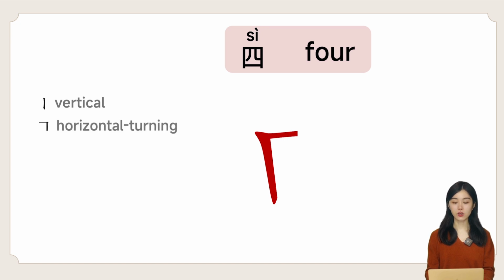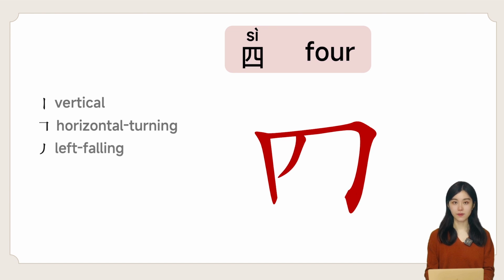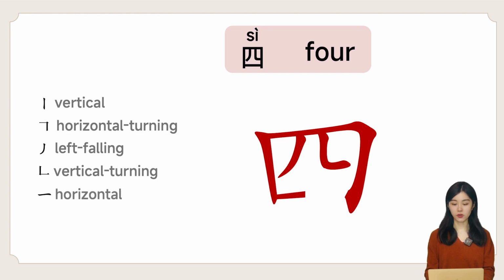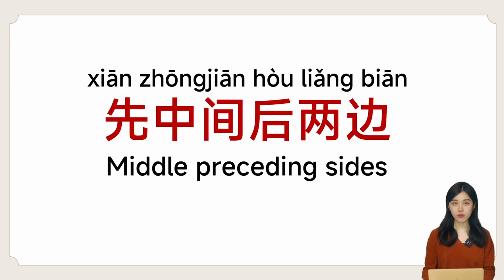Then the horizontal turning. Next, the left falling inside. The vertical turning inside. Finally, the horizontal stroke on the bottom. Great, understand it?